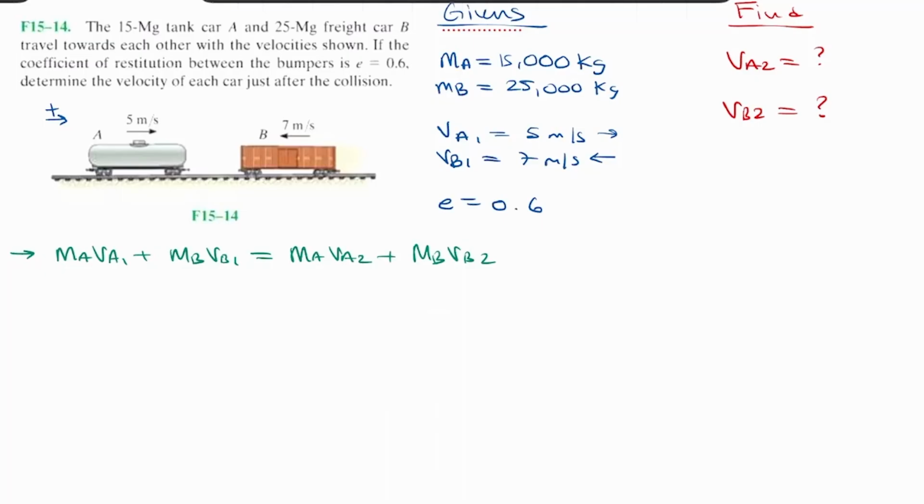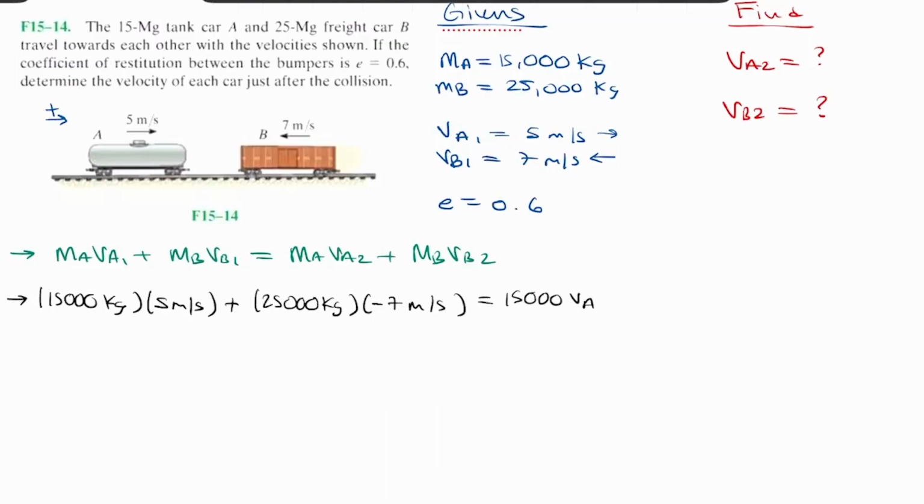So let's substitute in this one. The mass of A, once again, will be 15,000 kilograms times VA, that is 5 meters per second, plus 25,000 kilograms times negative 7 meters per second. This is equal to 15,000 VA2 plus 25,000 VB2.